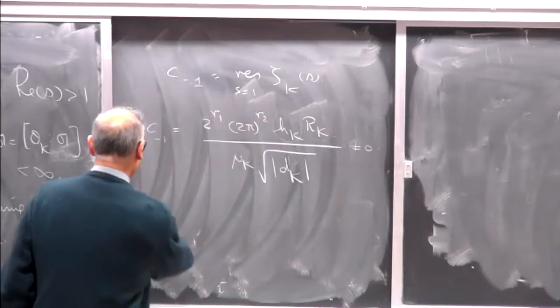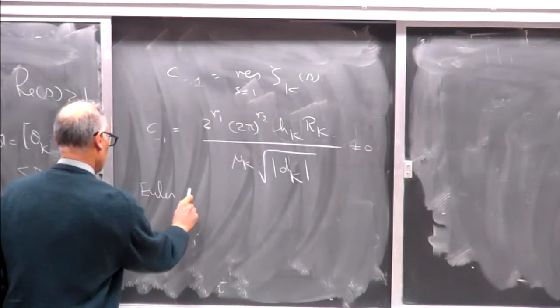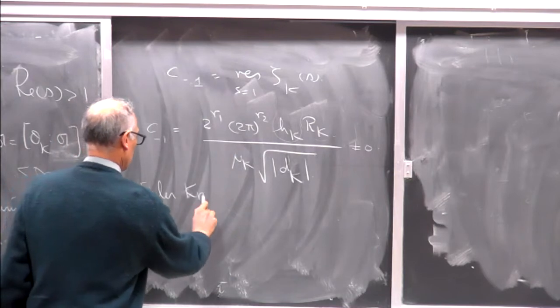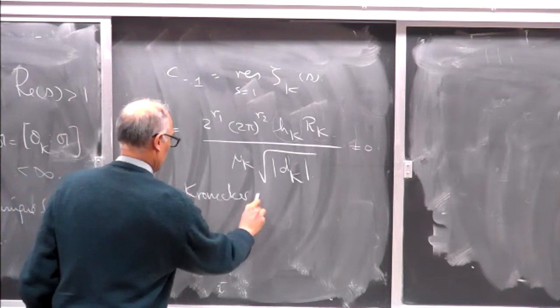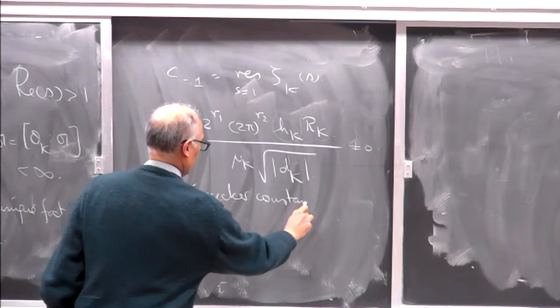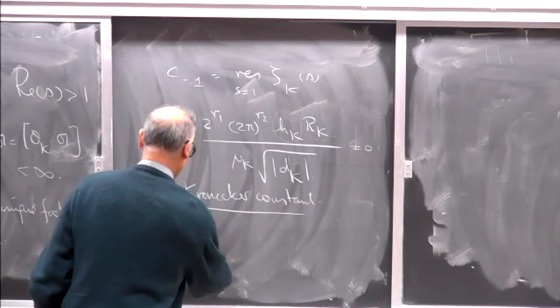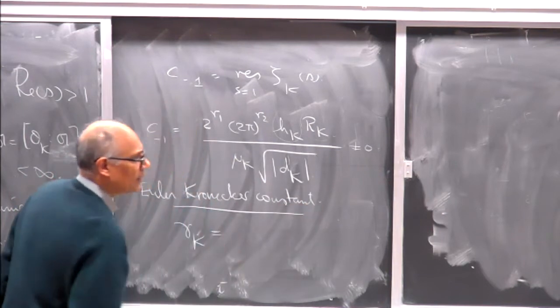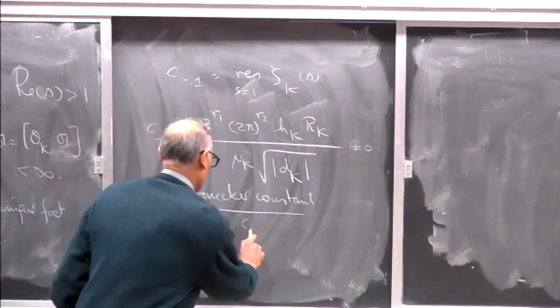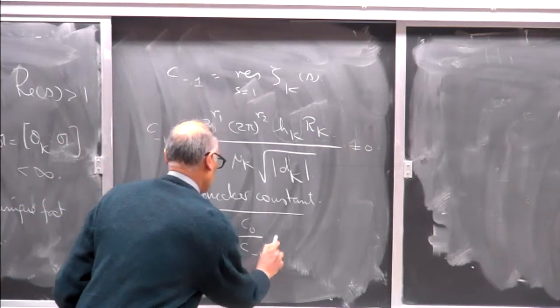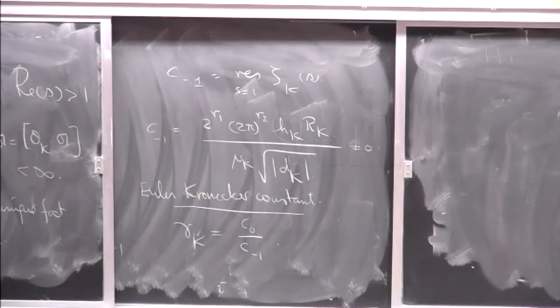Now, the Euler-Kronecker constant then, by definition, if we denote it γ_K, is c_0 over c_{-1}. Okay, the constant term divided by the residue.